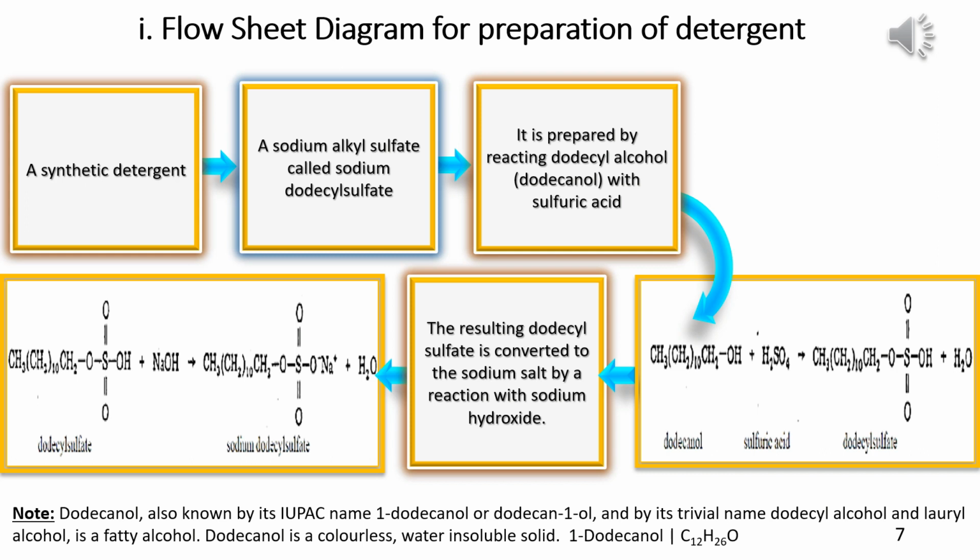So a reaction between 2-decanol, CH3 CH2 taken 10 times CH2OH, takes place with sulfuric acid H2SO4, and that gives us 2-decyl sulfate plus water H2O. So here 2-decyl sulfate is formed by the reaction of 2-decanol and sulfuric acid.